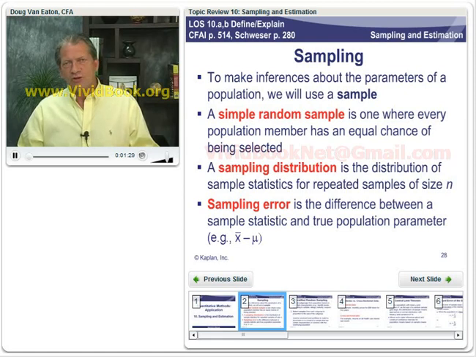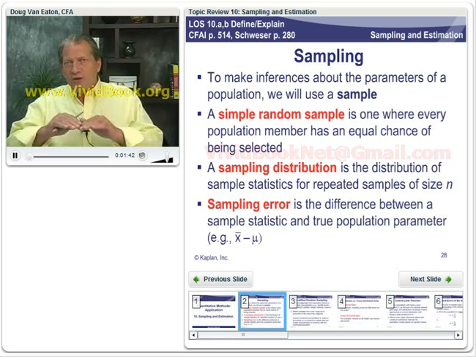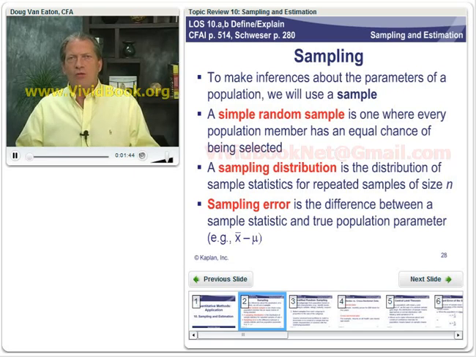So for our sampling distribution, we draw a simple random sample of 10 balls 100 times, and we plot that mean value for those 10 balls. Well, the distribution of those is the sampling distribution.